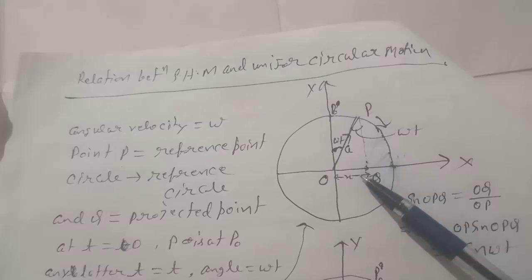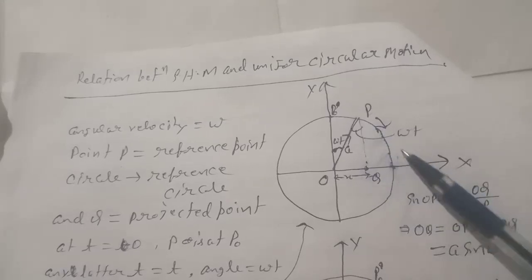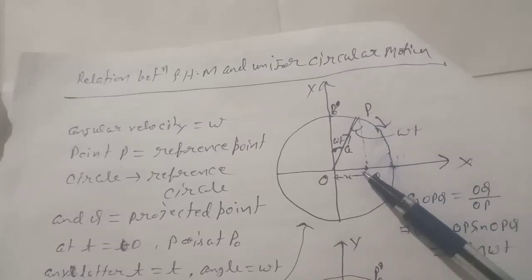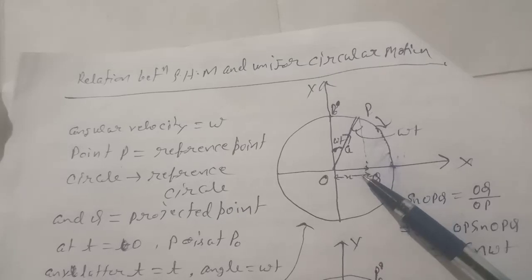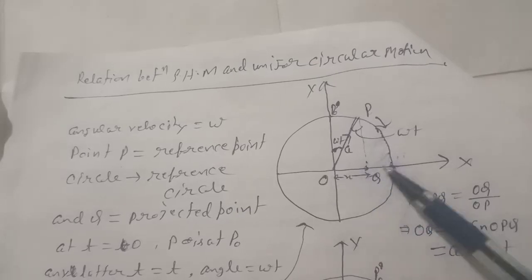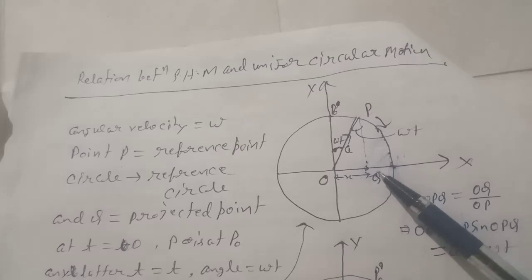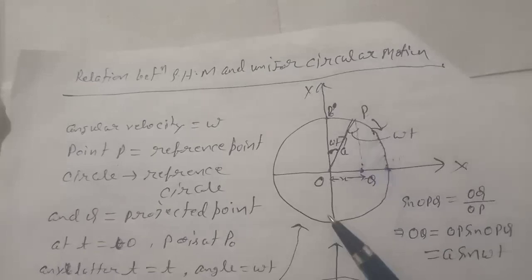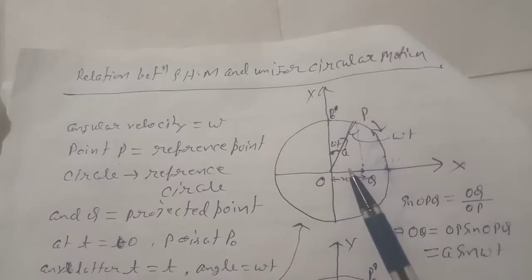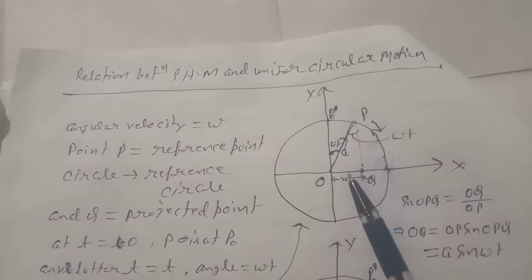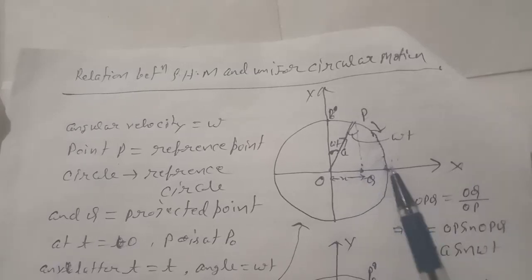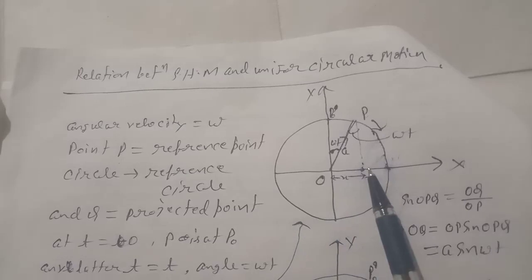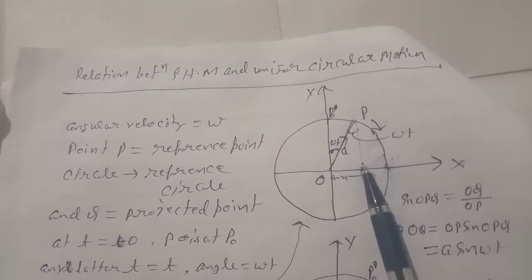As the point P moves on the circle, the point Q moves back and forth about O along the diameter. Here we see that the back and forth motion of Q is a simple harmonic motion.